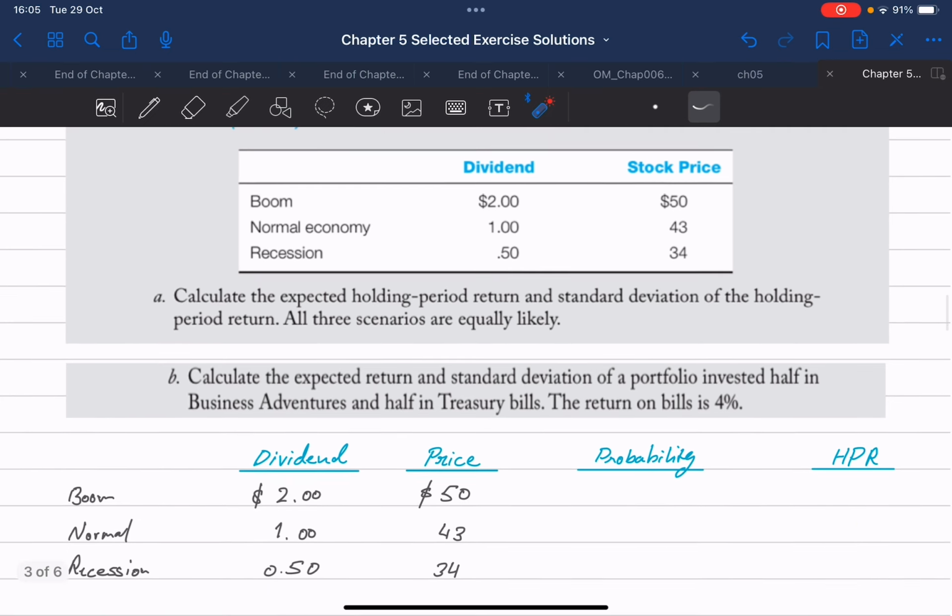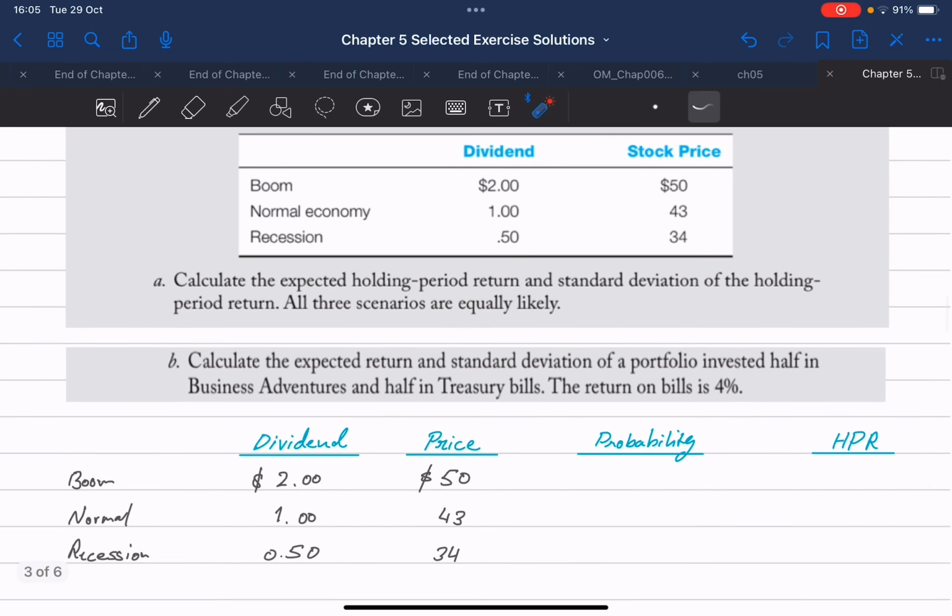I've added 2 extra columns. I repeated the same information here: boom, normal economy, and recession, and I transferred all the dividend information and the price per share information. But I have added 2 more columns, one for the probability and one for the holding period return.